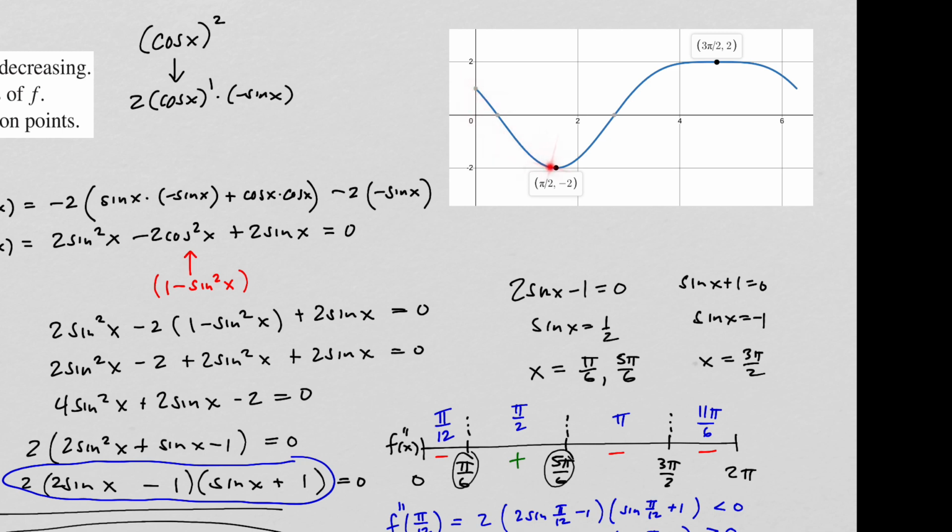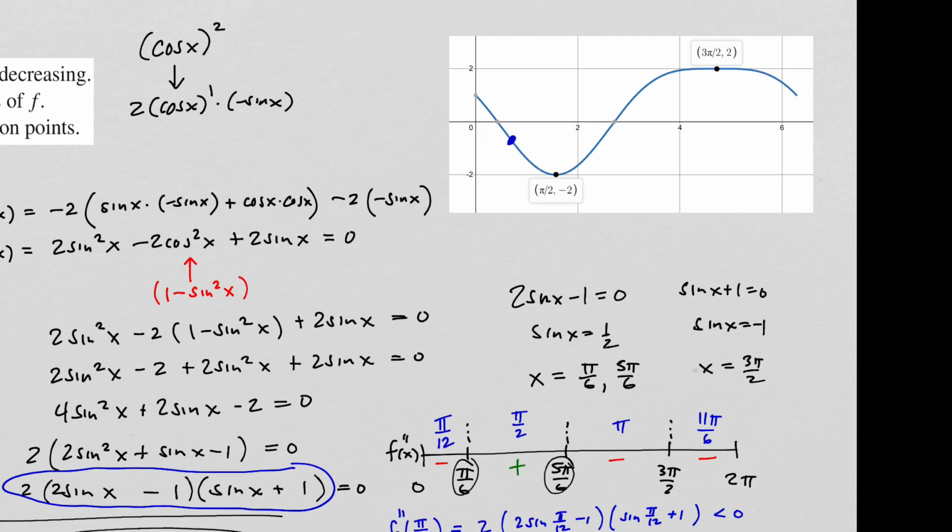So decreasing, increasing, decreasing, local minimum, local maximum, and then from 0 to pi over 6, which is somewhere in here, it is concave down, and then there's a point somewhere right in here, that's your inflection point where it changes from concave down to concave up, and then it changes again from concave up to concave down, and it stays concave down for the rest of the problem. And that concludes this video lesson.